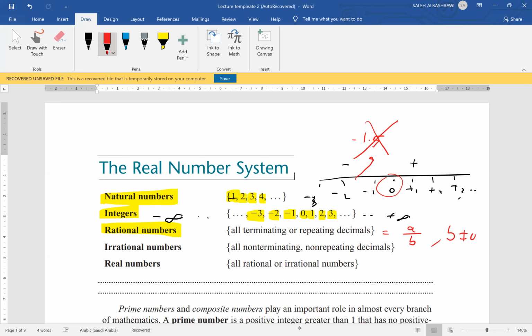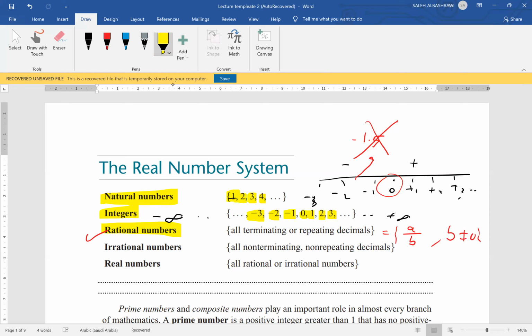A and B are any integer numbers, but with one condition, that B is not equal to 0. Any number that can be written in this form we call a rational number.